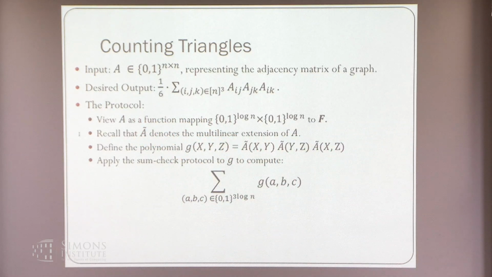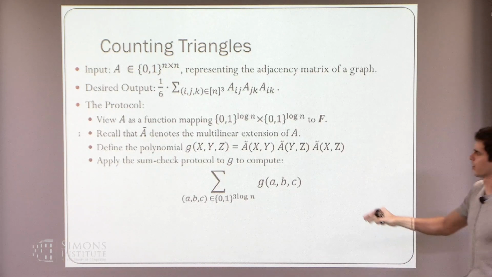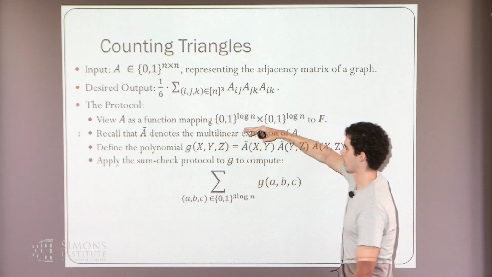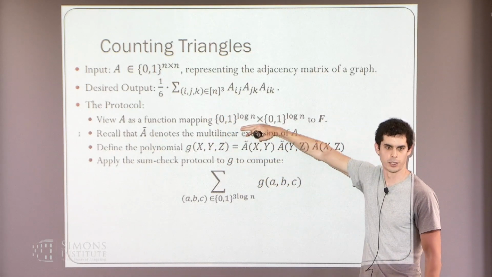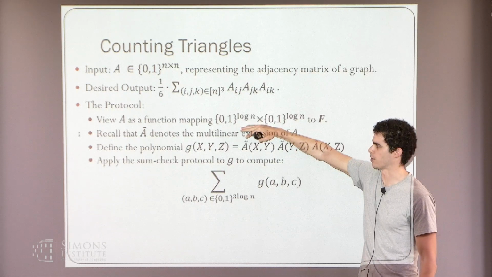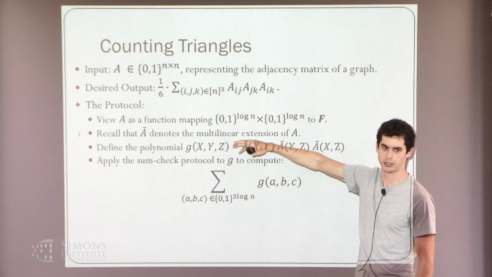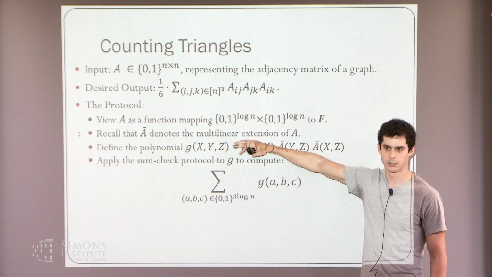But the inputs we're thinking of as bits instead of indices between 1 and n. That makes sense? Okay, so now our input is no longer an n by n matrix. It's actually a function on {0,1}^(2 log n). And that's the kind of function that we've talked about taking low degree extensions of.